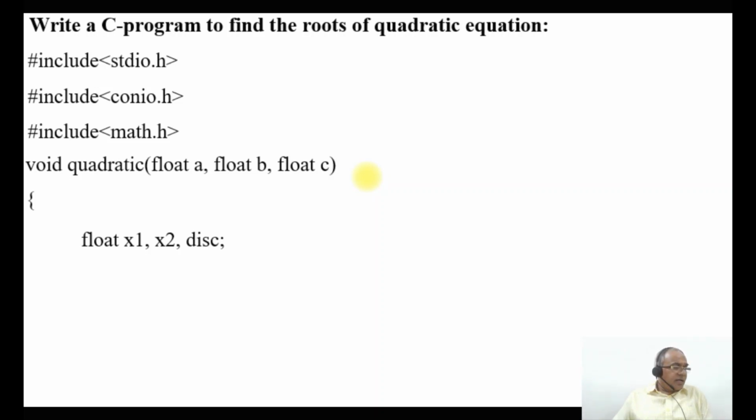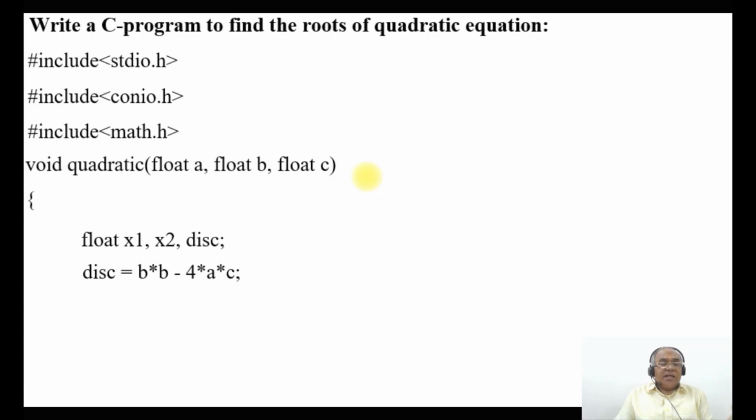Every time we need not write that, so we are going to take b square minus 4ac as one particular variable, disc, which will again be in decimal format, so float.